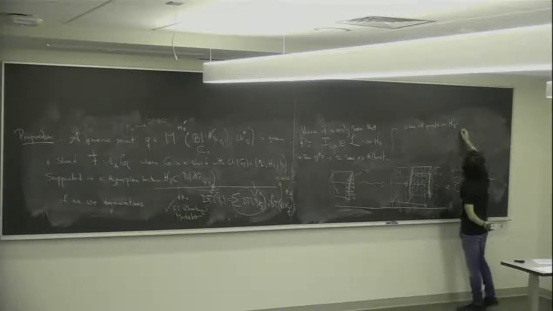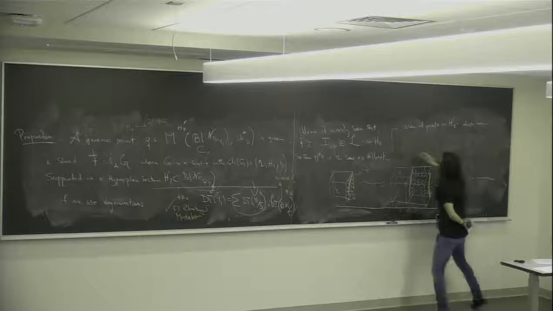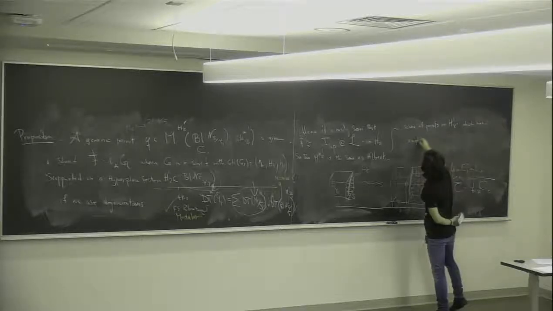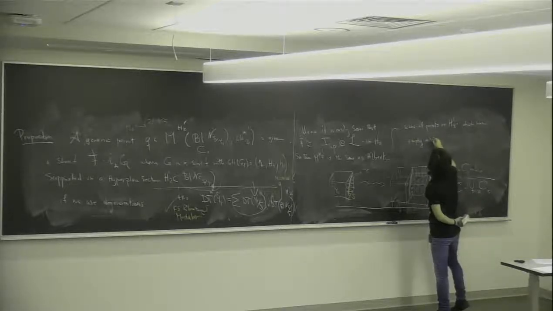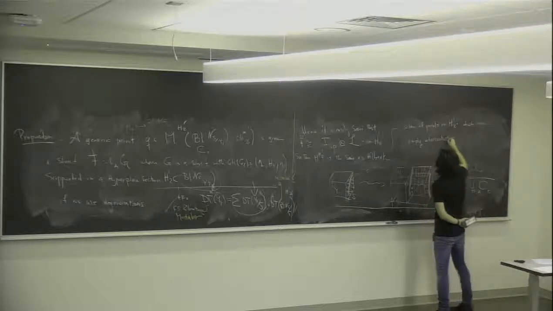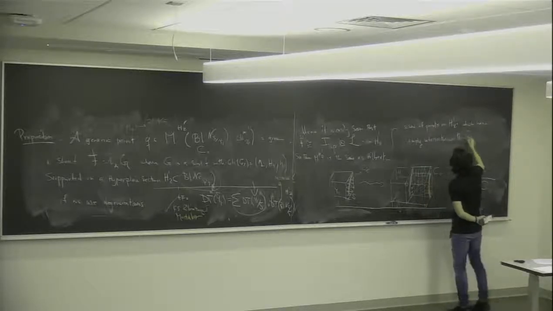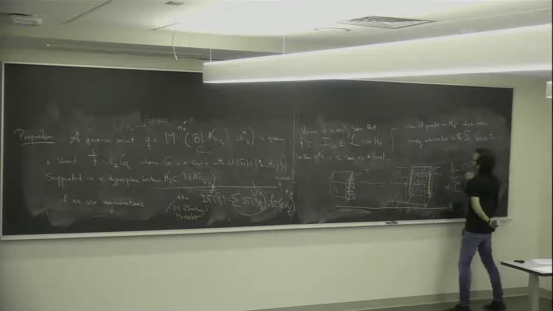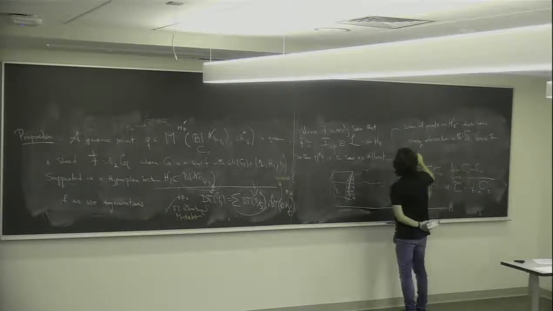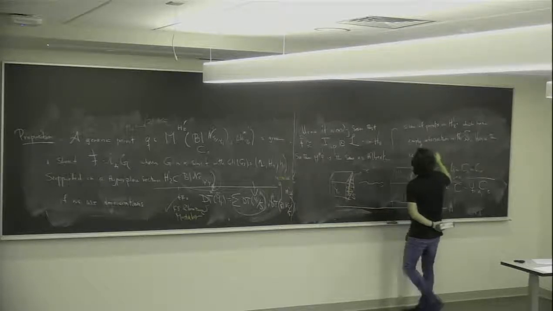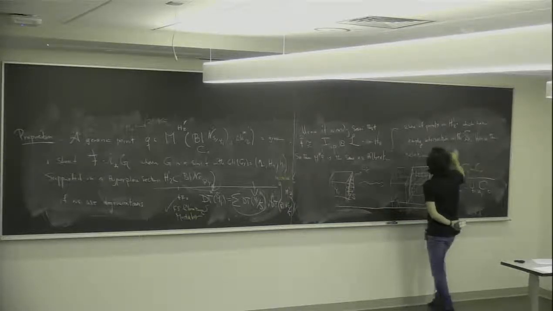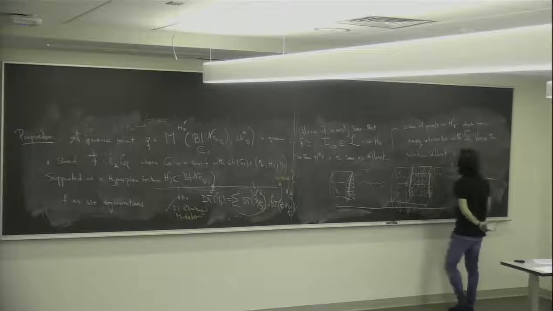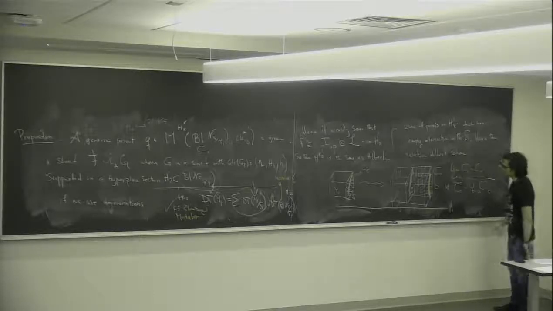Hilbert scheme of points which have empty intersection with S. Empty intersection with one thing.